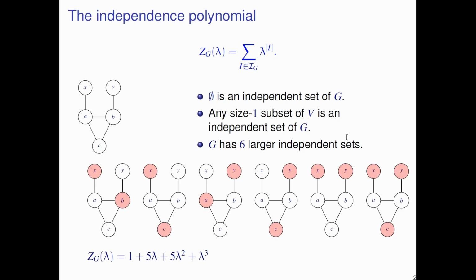Is there some significance of other values of lambda? That's a great question. Why would we care about other values of lambda? If you press me hard, eventually I'll get bad at answering the why, but this one I can do. The physicists have something called the hardcore model, a model of a gas that lives on a lattice. The graph is the lattice, and the vertices can be occupied or not occupied by particles.